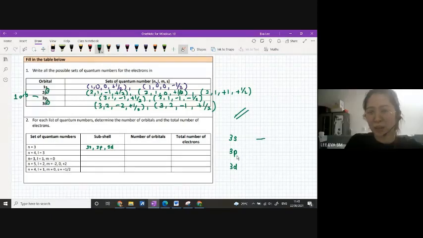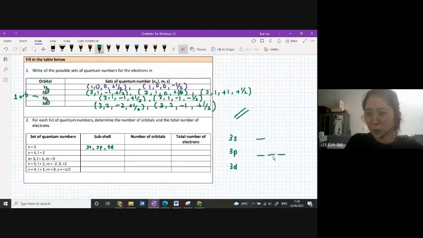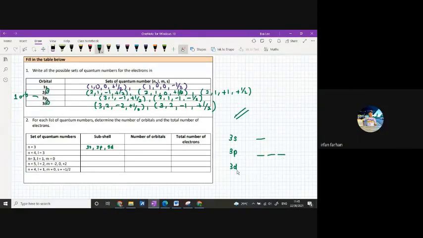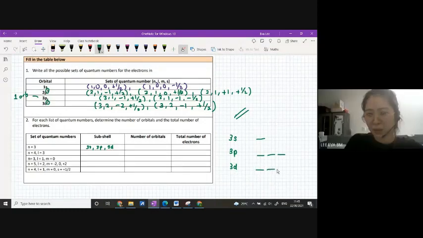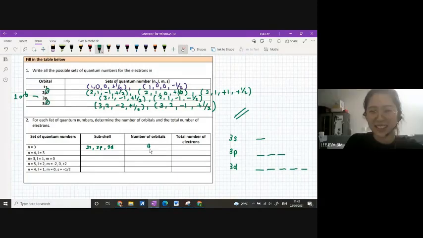P ada berapa orbital? 3. Negatif 1, kosong, positif 1 kan? Untuk D? 5. Negatif 2, negatif 1, kosong, positif 1, positif 2. Totalkan semua berapa? 9. Yes. Okay. Sebab dekat soalan ini dia hanya fixed energy level saja.